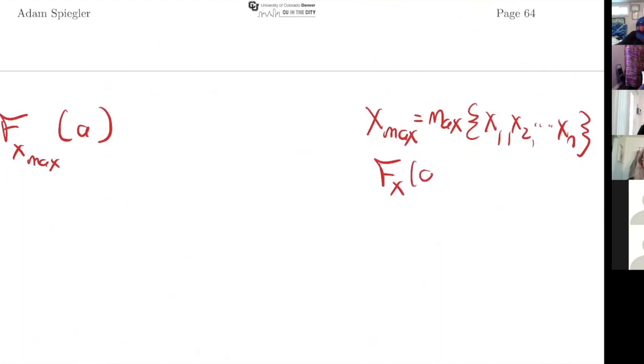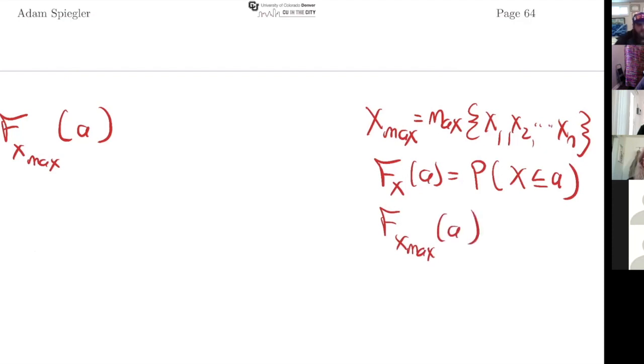And what we're going to use is the fact that we're going to let F denote the cumulative distribution function. So in other words, the probability that X is less than or equal to A. And what I'd like to do is find a corresponding function for the cumulative distribution for X max.